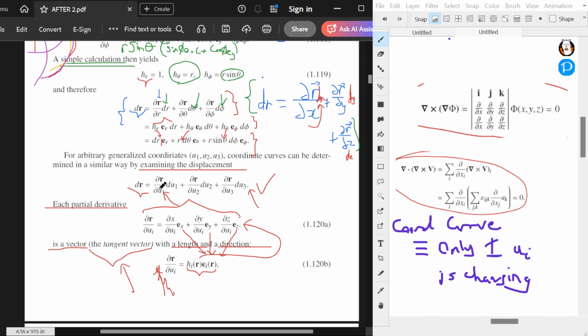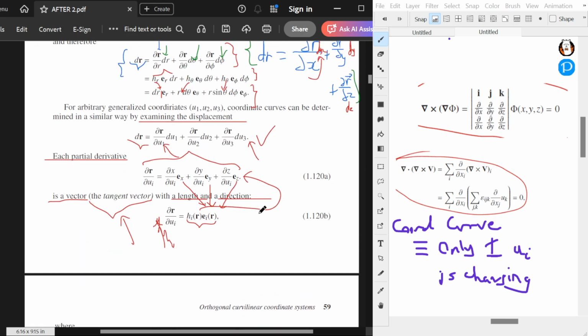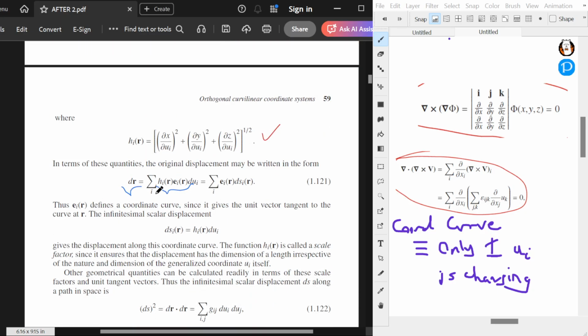We broke it up into the change in three axes, and then each one of those is a vector. So we just simplified it by calling it h_i, and h_i has its magnitude and direction. And to get this back, we're just adding up the h_i's. Yeah, makes sense. h_i e_i du_i.